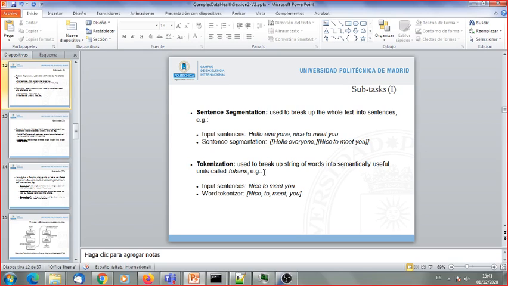Tokens are words, and here the punctuation marks are also considered as tokens.